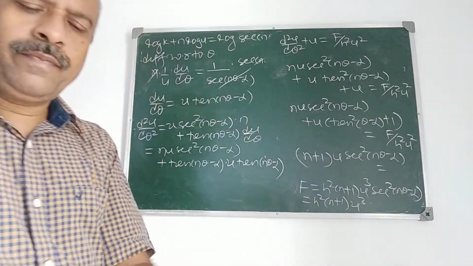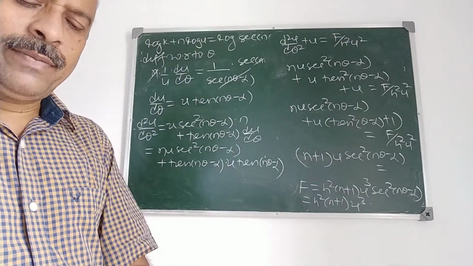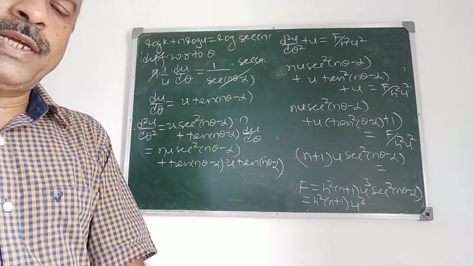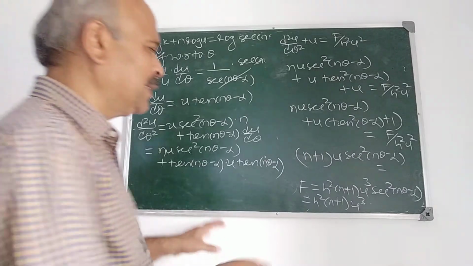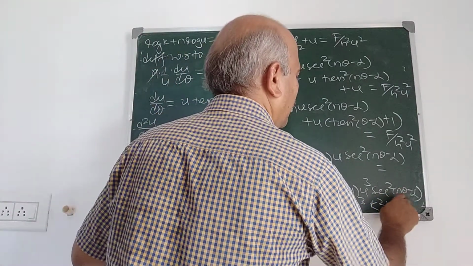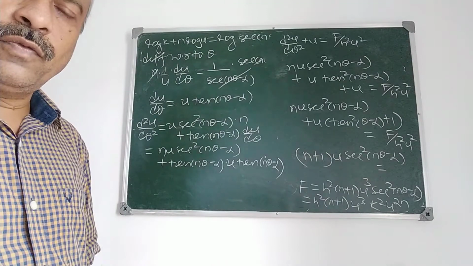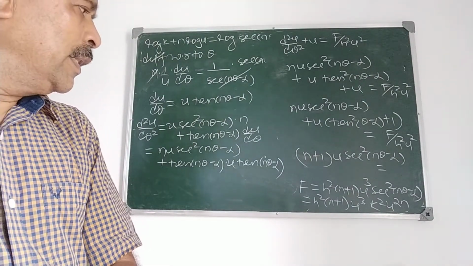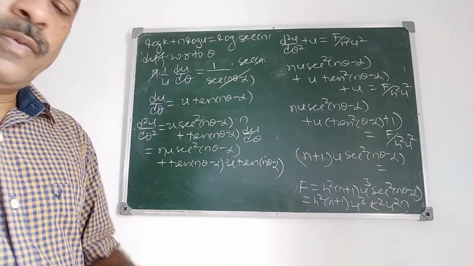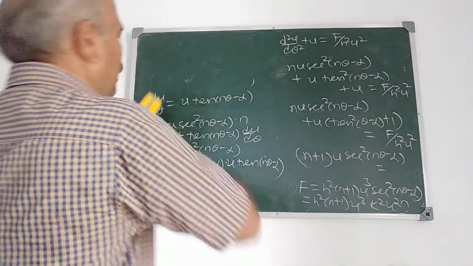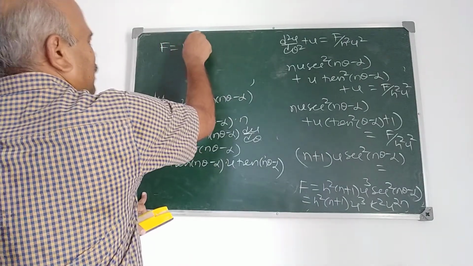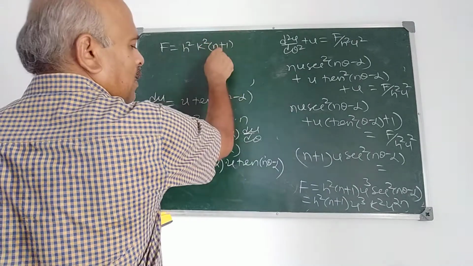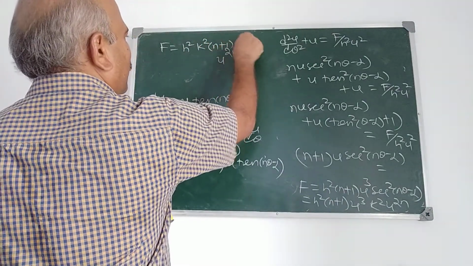But from the given equation, what is secant square n theta minus alpha? From 1, secant square n theta minus alpha is k square u raised to 2n. Verify this. Therefore, F is h square k square n plus 1 u raised to 2n plus 3.